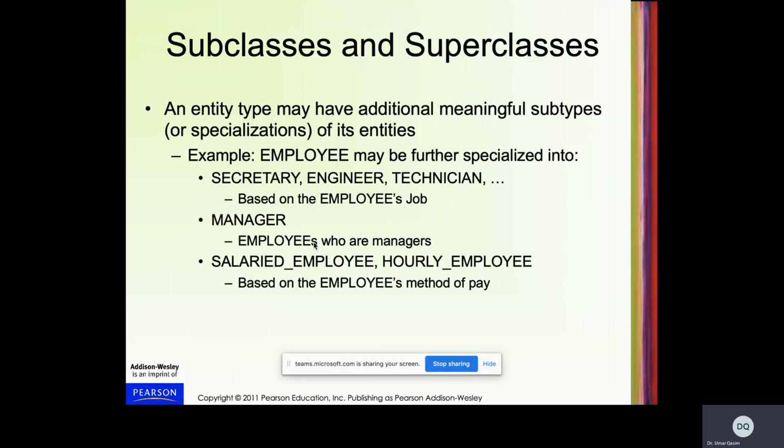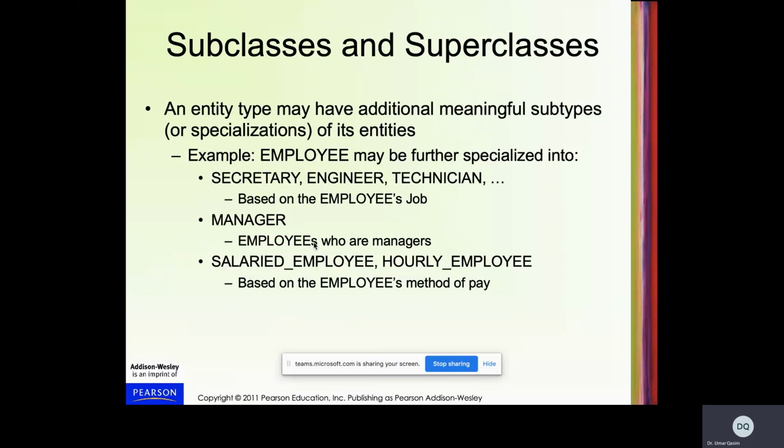The concept of subclasses and superclasses, you better know this from object-oriented programming and object-oriented analysis and design: if you have an entity type, and in that entity type there are some specializations that can become meaningful subtypes.